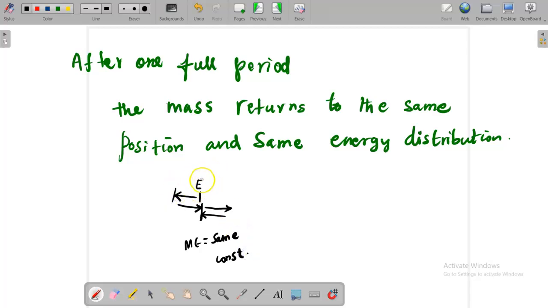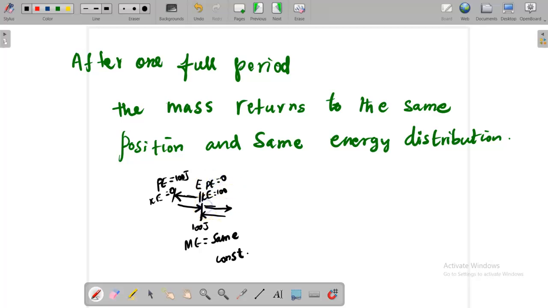Okay, for example, the mechanical energy at the equilibrium position is 100 joules. As it goes away from the equilibrium, all the energy will be potential energy, 100 joules, and kinetic energy will be 0. And when it is returning to the equilibrium position, kinetic energy will be 100 and potential energy will be 0.